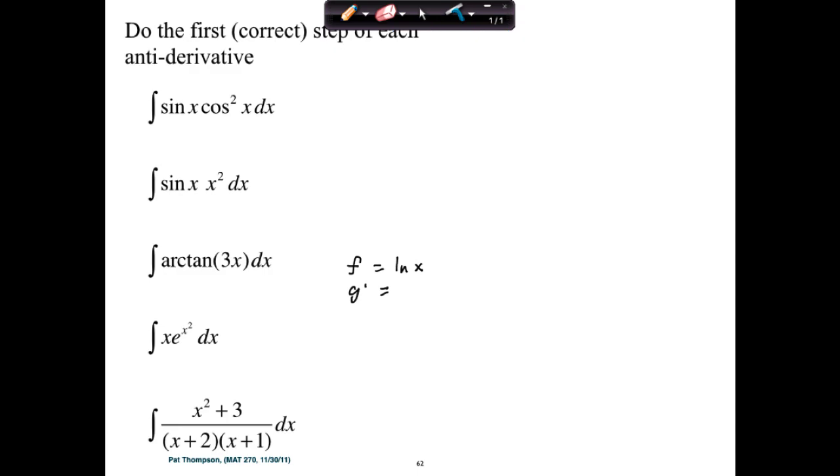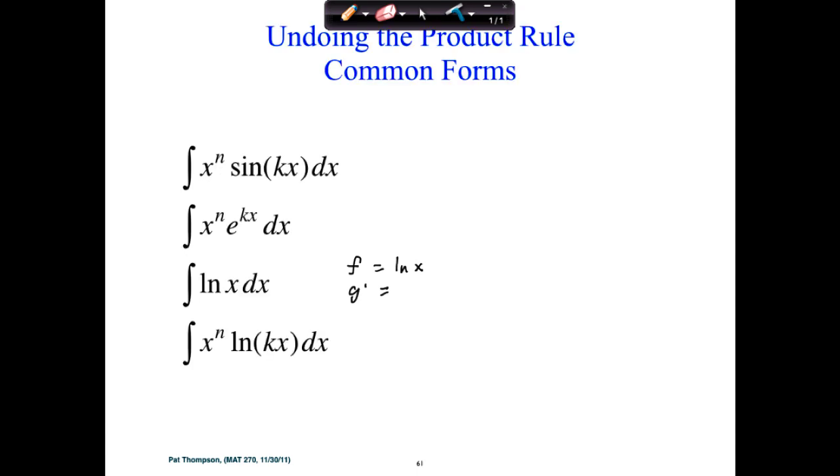Okay, and then the last common form, I guess I didn't write it down here, is inverse trig functions. So just like the natural log, you could have an inverse trig function. And you handle it the same way you do natural log.